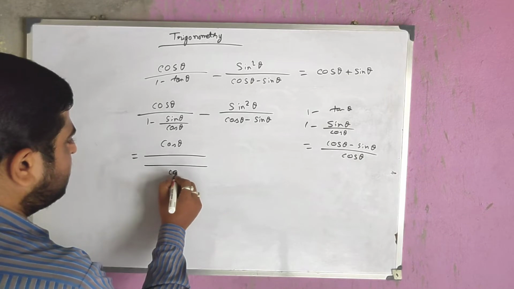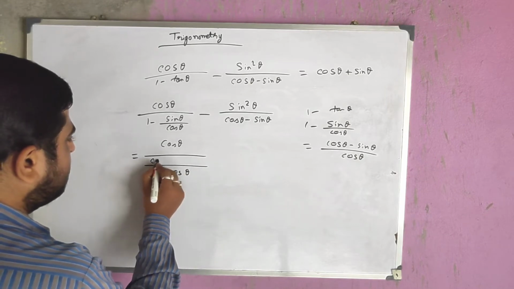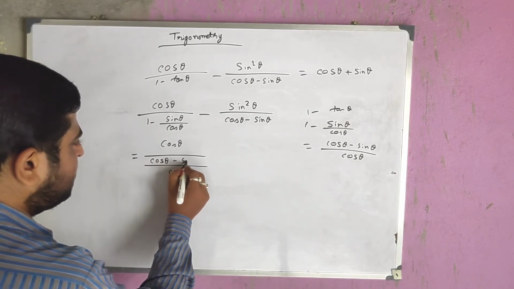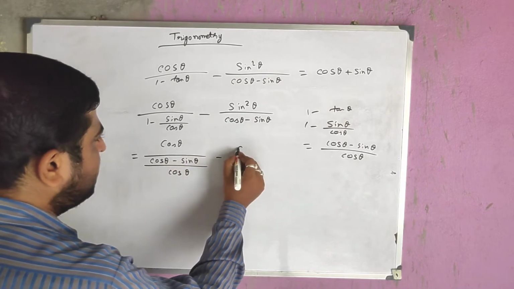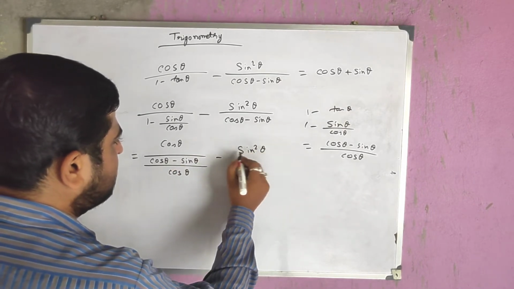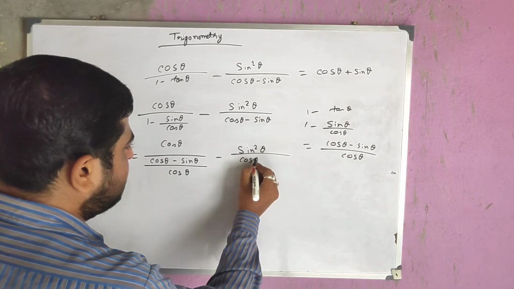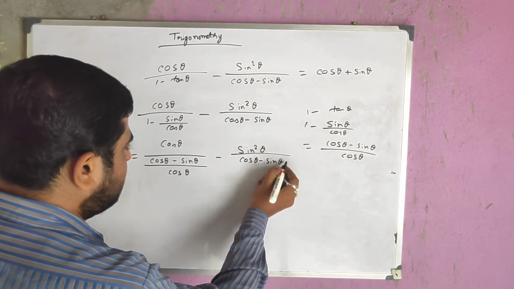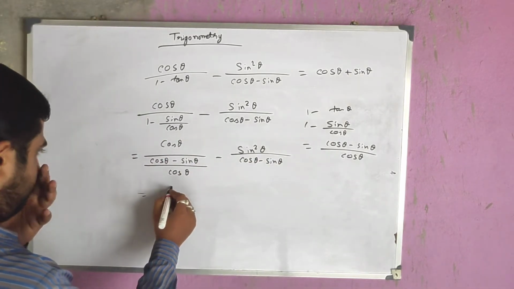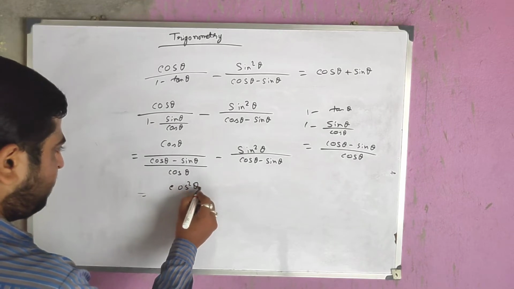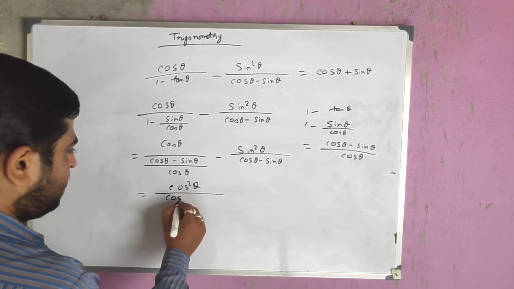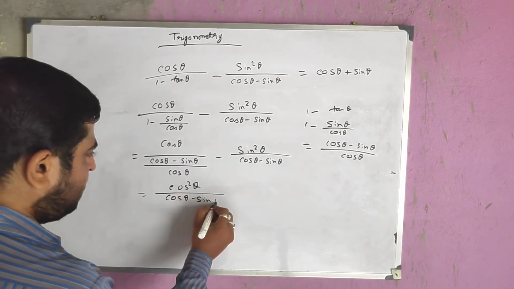Here cos theta will become the LCM, cos theta minus sin theta, minus sin square theta by cos theta minus sin theta. This cos theta will come up, it will become cos square theta. Downside it will become cos theta minus sin theta.